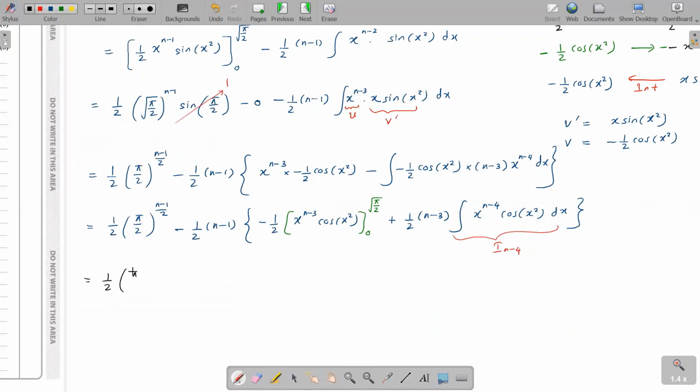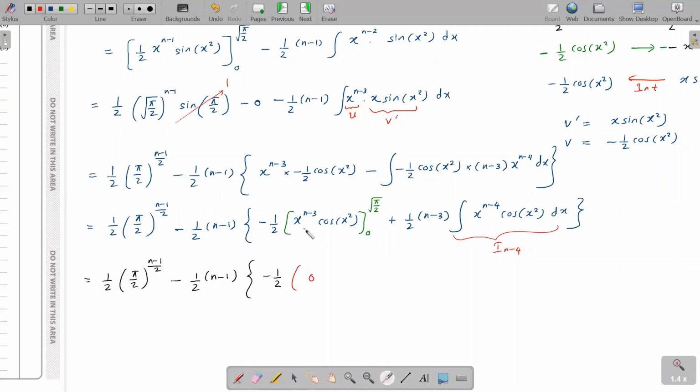So half times root pi over 2 to the power n minus 1, minus half times n minus 1, minus half times... when you input root pi over 2, what happens? Cos pi over 2 is 0, right? So do you agree if I just directly put a 0 here?